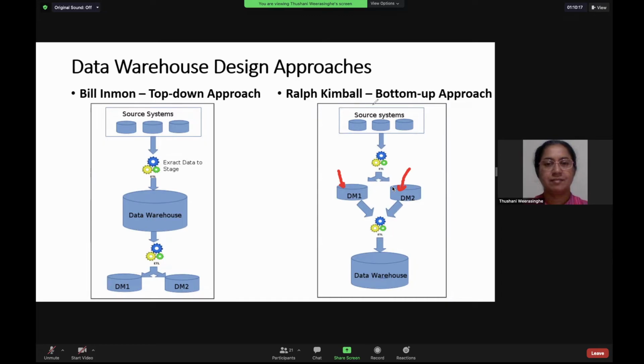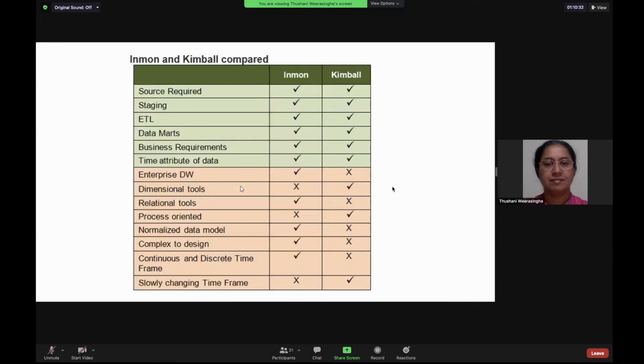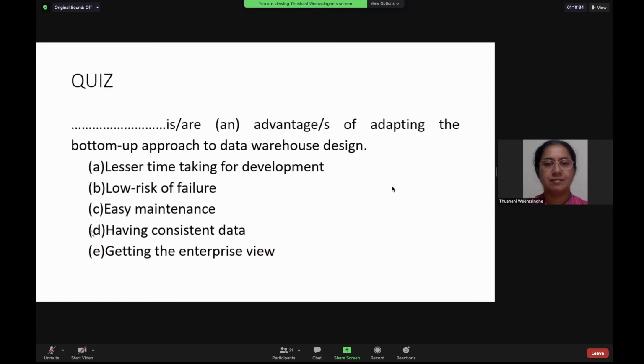Okay, so then the consistent data will not be there. But in this one, yes, you will be having consistent data. So this answer is not correct, having consistent data, because here we are talking about the bottom-up approach. So you can't have this one.